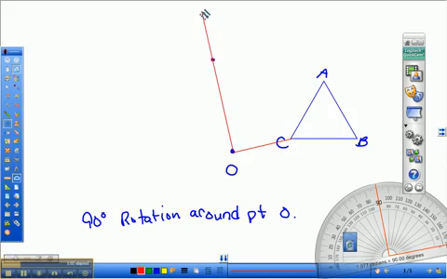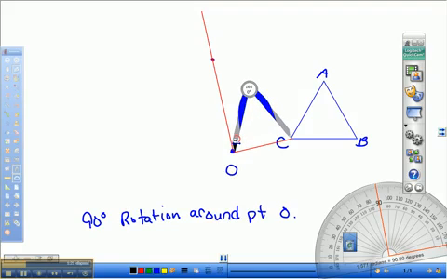Now we need to match this point OC with OC prime, so I need to know that distance. So what I'm going to do is I'm going to use a compass. We're going to grab our compass, we're going to set it up at point C. We're going to open the compass, I hope, to that distance. And then we're going to try to draw an arc around it.